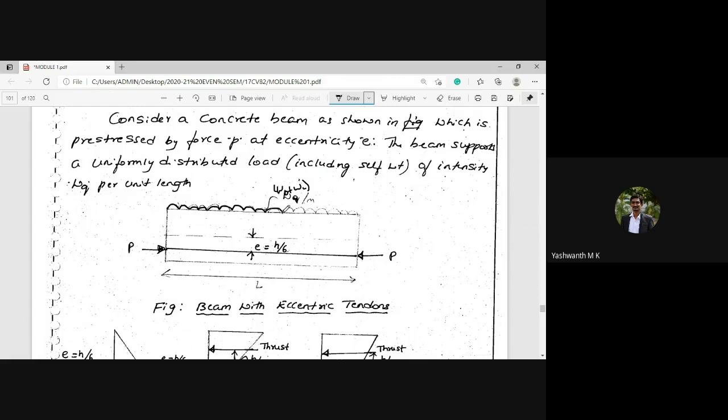This will be the centroidal axis, because it is a rectangular section, so the central axis lies exactly at the center. A straight cable has been provided with eccentricity of distance h by 6. And this will be the span L.